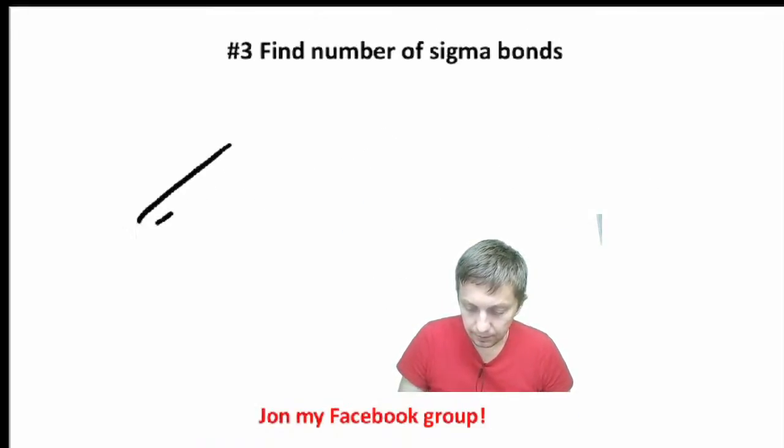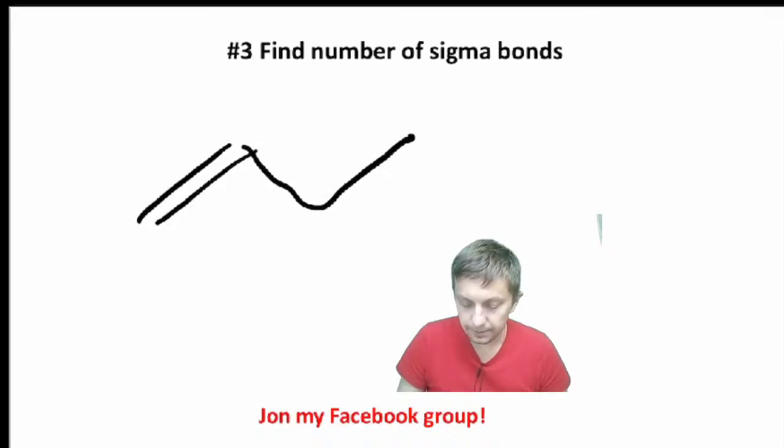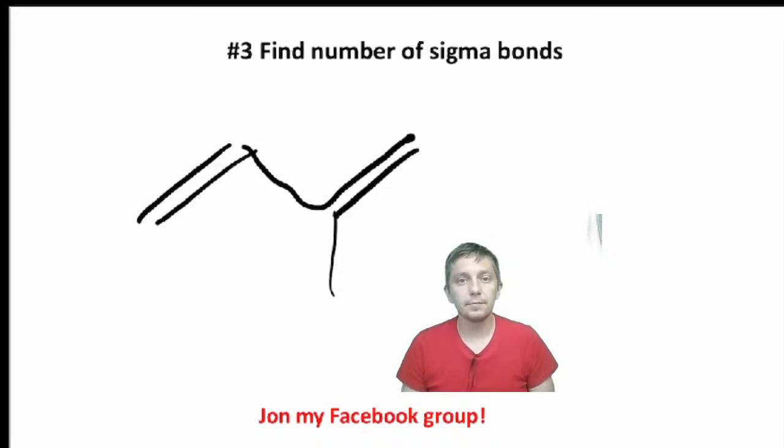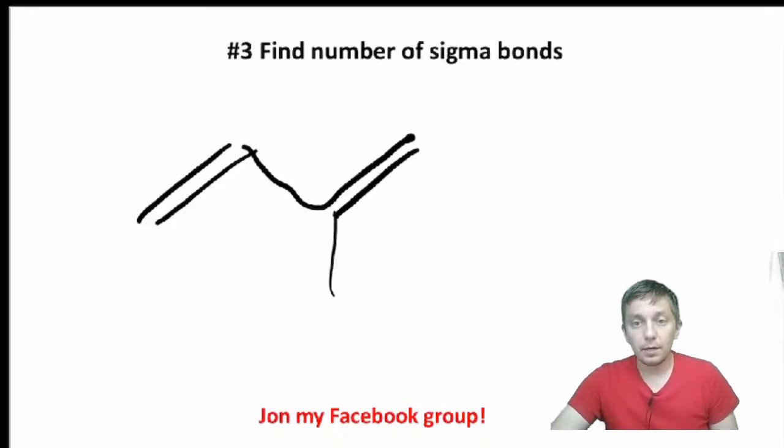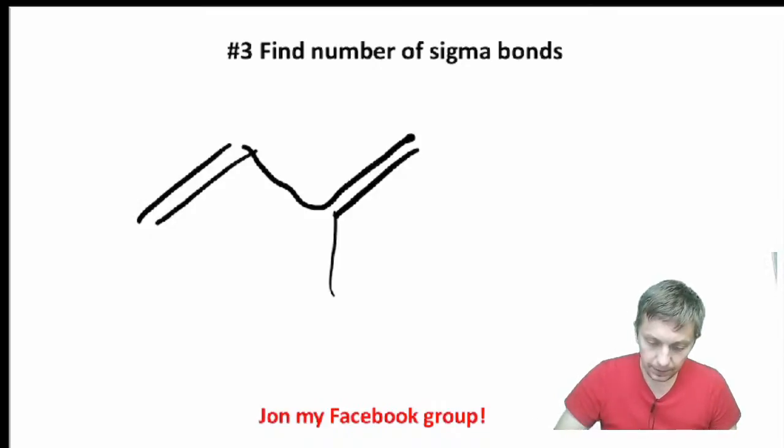And for the same compound, isoprene, let's find the number of sigma bonds. For sigma bonds, any bond is sigma, and if we're talking about a double bond, it's sigma plus pi.